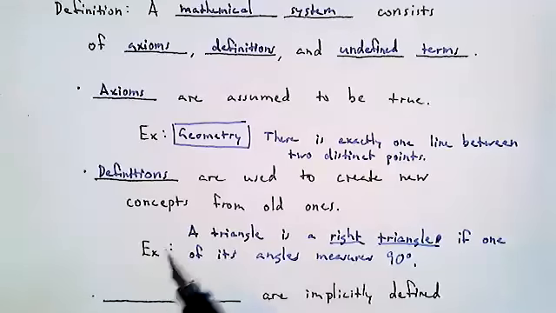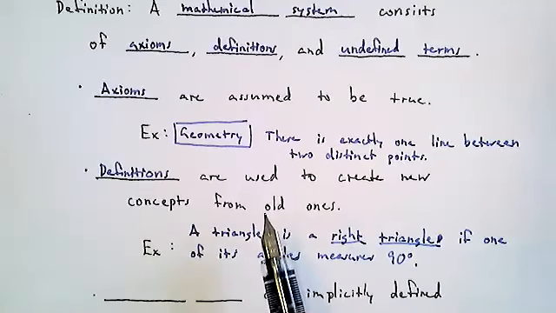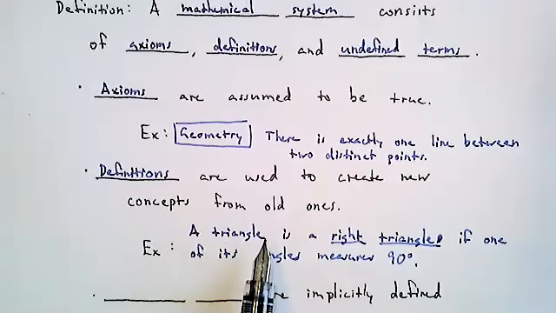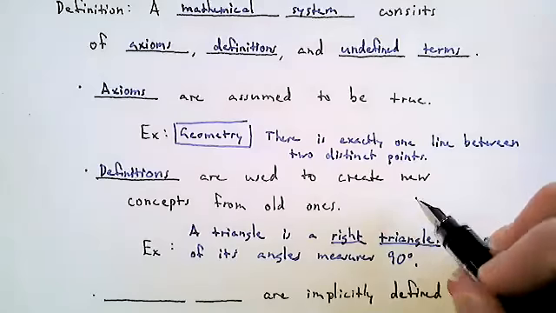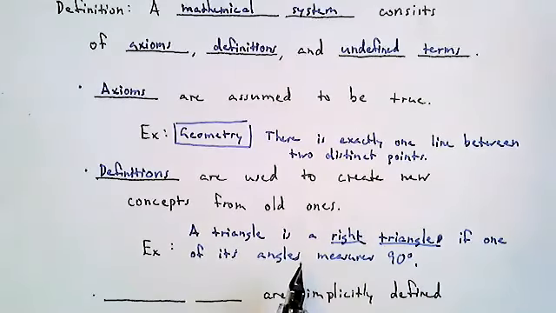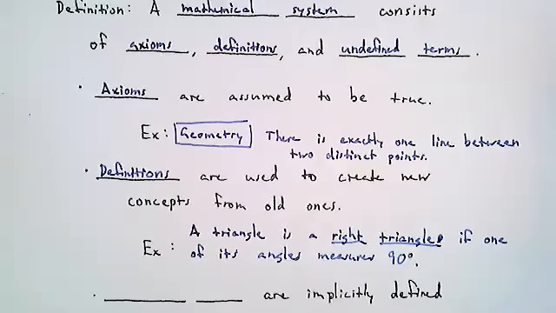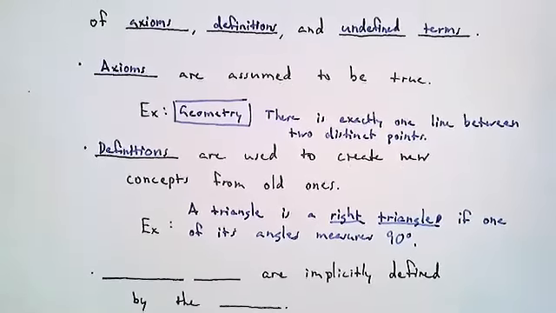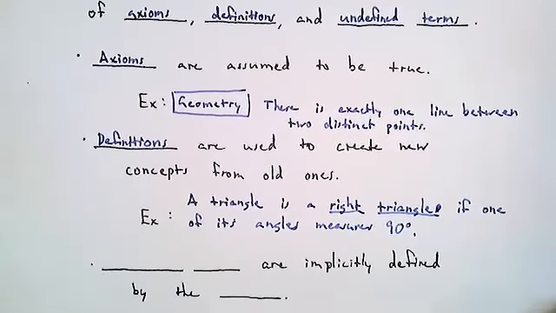So you're creating the idea of a right triangle from a few old ideas. You would need the idea of what a triangle is in general, a polygon with three sides, and you would also need to know already what angles are. And you put those two ideas together to create the idea of a right triangle, which you're probably familiar with from geometry, Pythagorean theorem, and all sorts of things. Trigonometry, even.